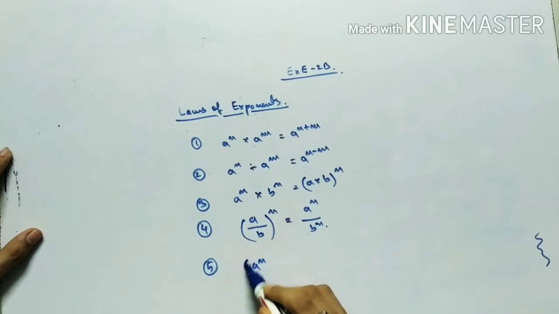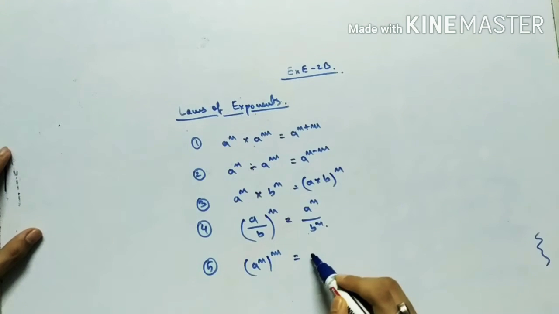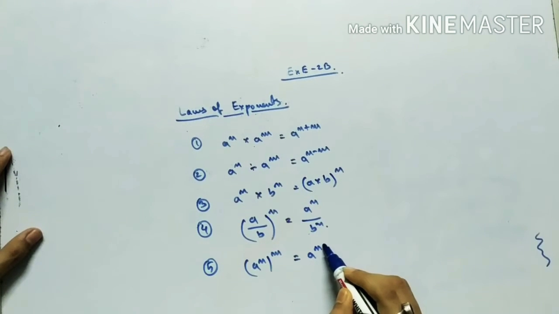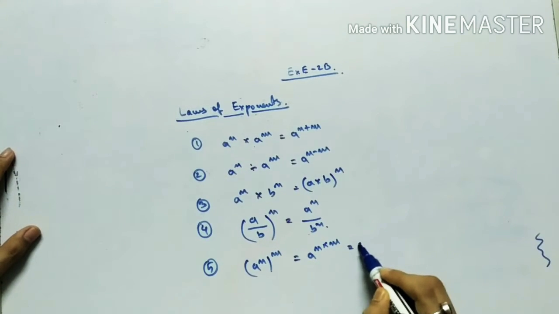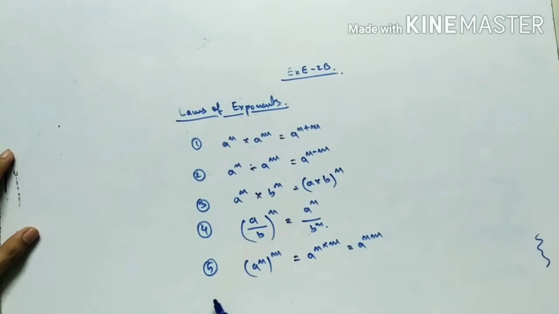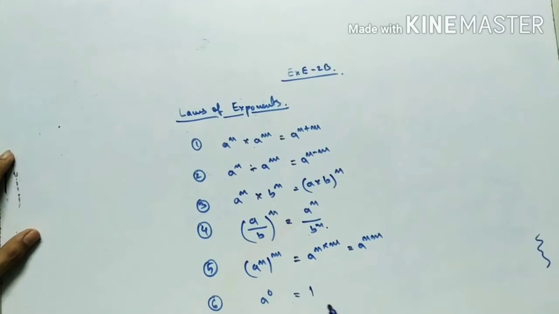A to the power n to the whole power m becomes a to the power n into m, which is a to the power nm. Next again, a to the power 0 equals 1.